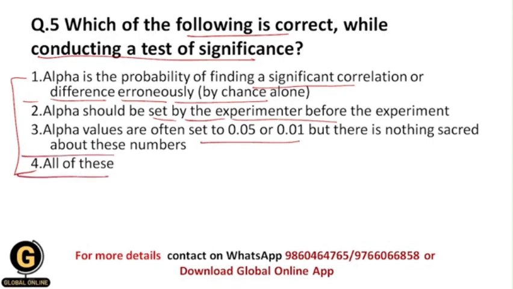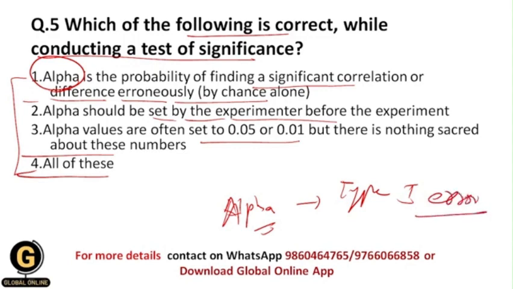So basically students, test of significance means what? Test of significance is nothing but testing your null hypothesis by using statistical methods in the whole research process. And what is exactly this alpha? As we have seen earlier in this video, type 1 error occurs whenever we are testing the null hypothesis.